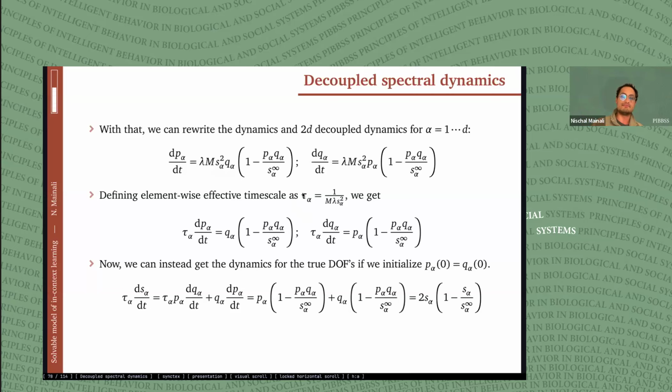Already this is interesting, meaning that whenever S alpha, the final empirical value, is large, the dimension along which X varies the most is the dimension that is going to have the shortest time constant, meaning it will evolve the fastest. And we will see that in a second.